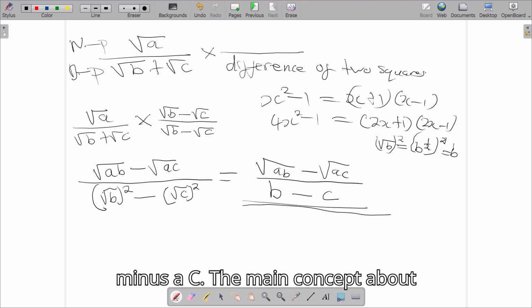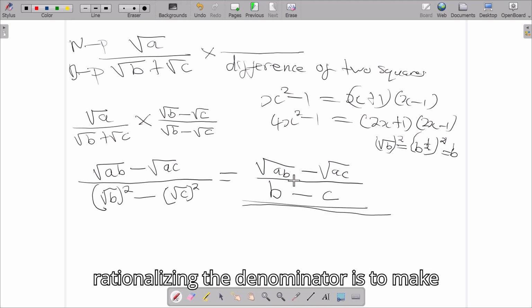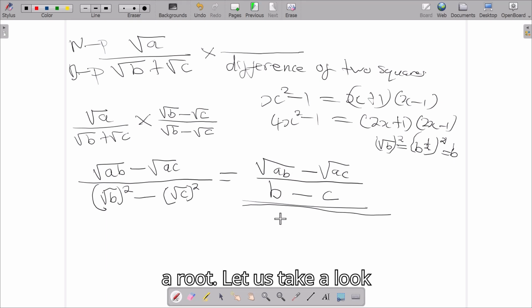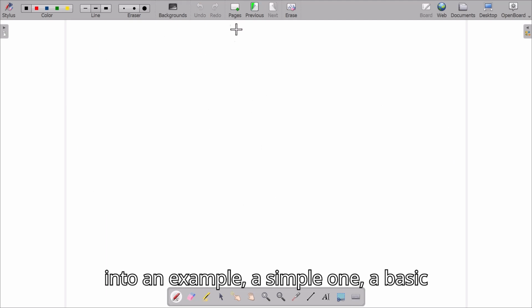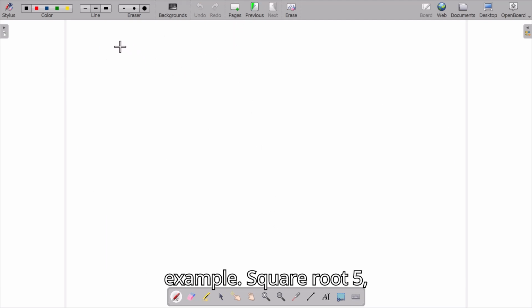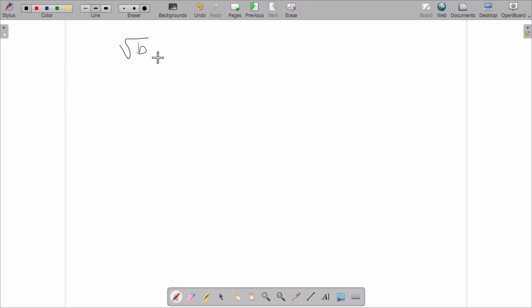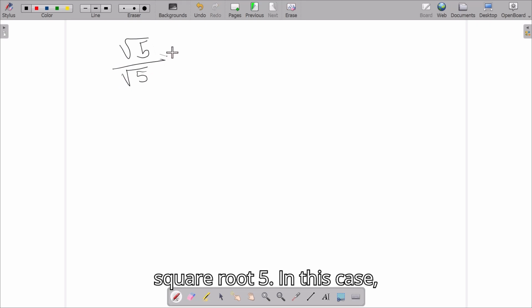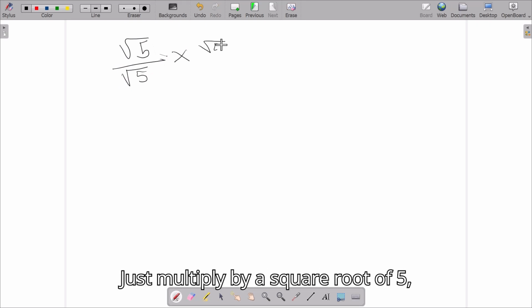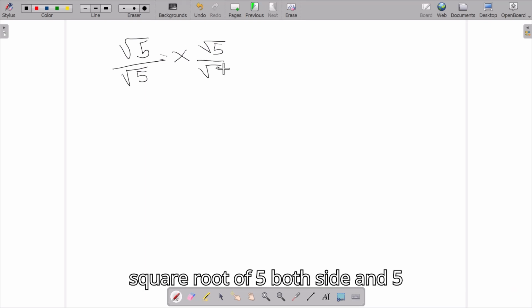The main concept about rationalizing the denominator is to make sure that the denominator does not have a root. Let us take a look into an example, a simple, basic one. Square root 5 all over square root 5. In this case, you just multiply by square root of 5 both sides.